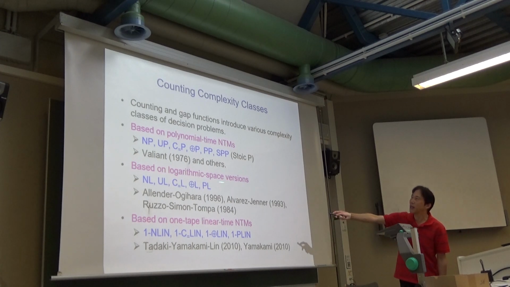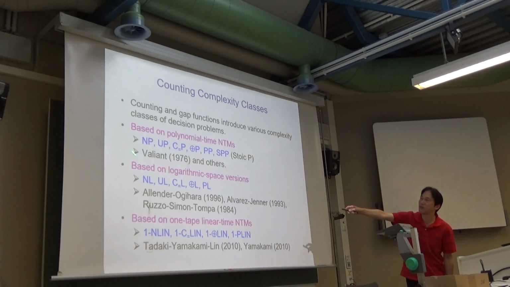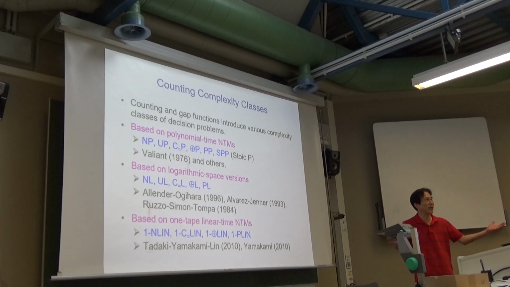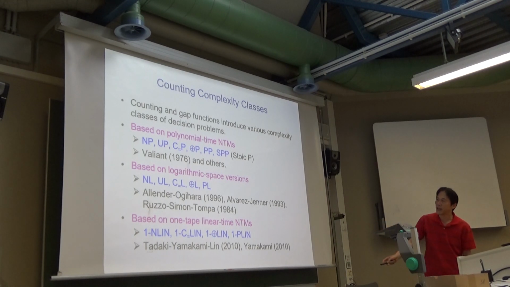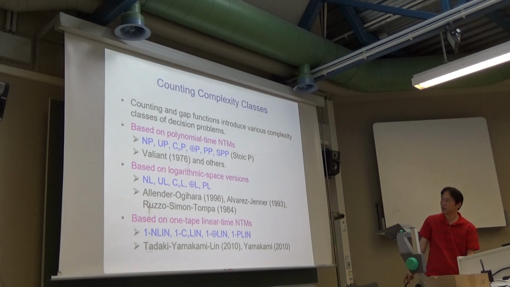Okay, in the logarithmic-space case, we have a similar notion here. L stands for log space. You simply replace P by L, and then you get the log-space version. Those are considered by those researchers, and there is also a much weaker model: the one-tape, linear-time non-deterministic Turing machine.